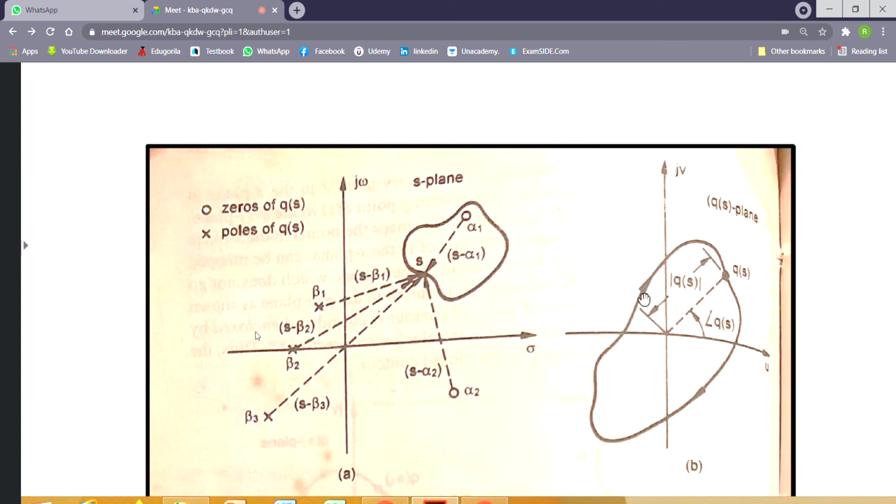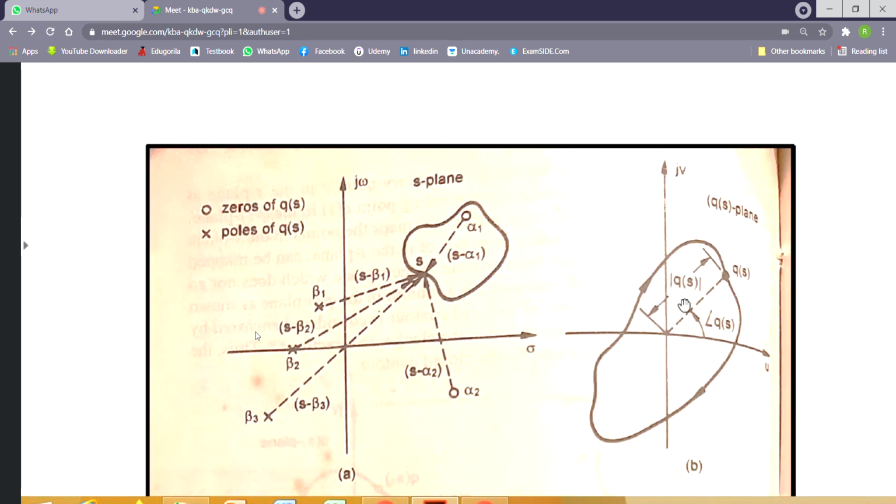Right? Since the net changing angle of the QS phasor is minus 2 pi, the tip of the QS phasor will rotate like this in the clockwise direction once, and in the process will encircle the origin of the QS plane.